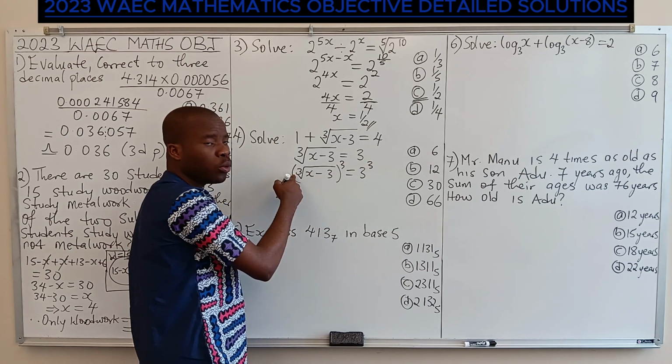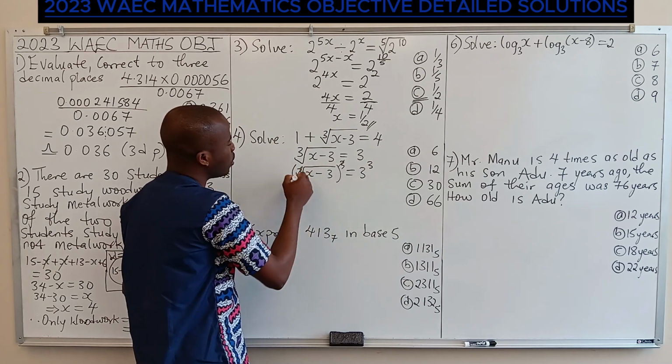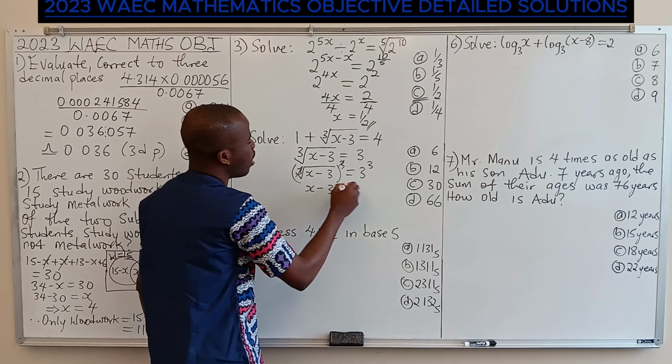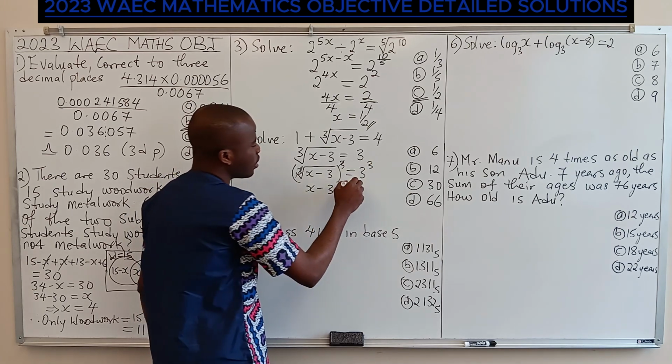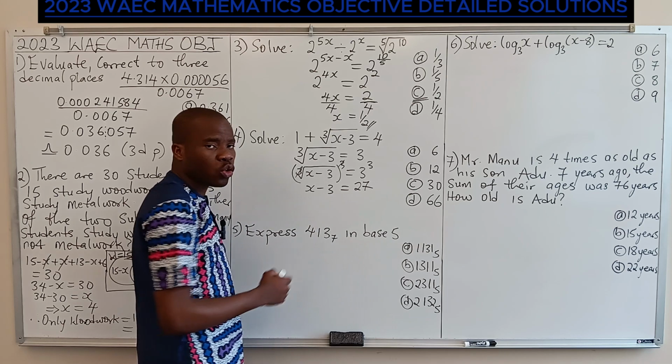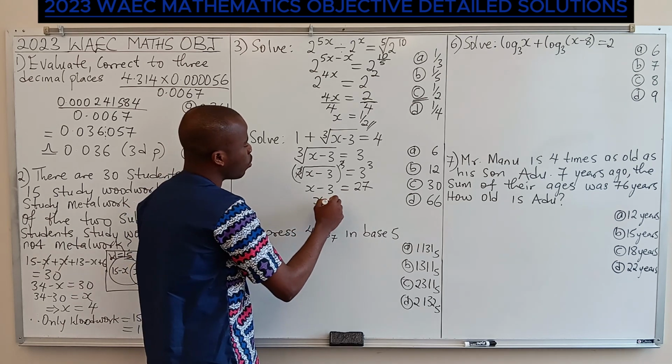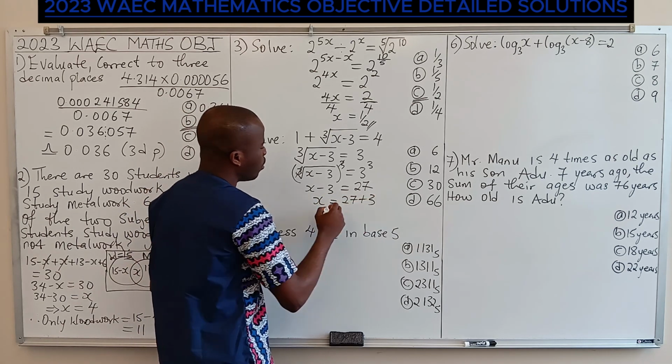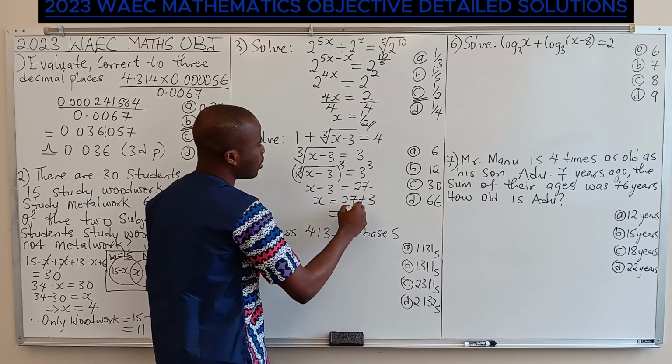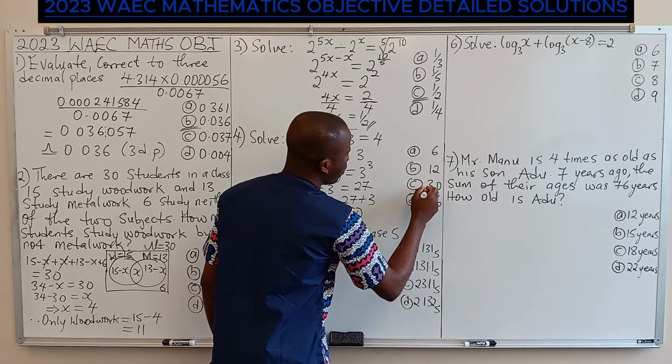This is to remove this cube root. If we do that, this will cancel this. We'll have x minus 3 equals 3 cubed, which is 27. Now add 3 to both sides. We'll have x equals 27 plus 3, so that x equals 30. So the correct option is C.